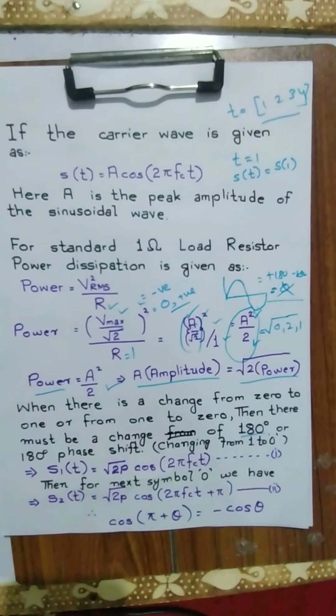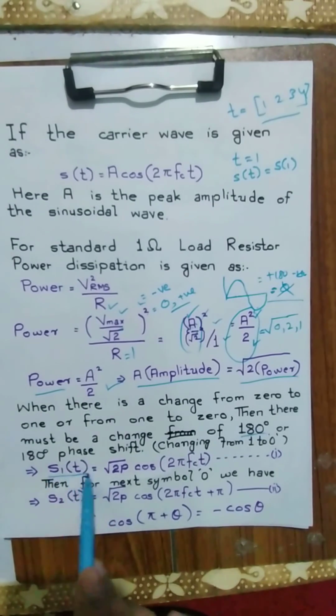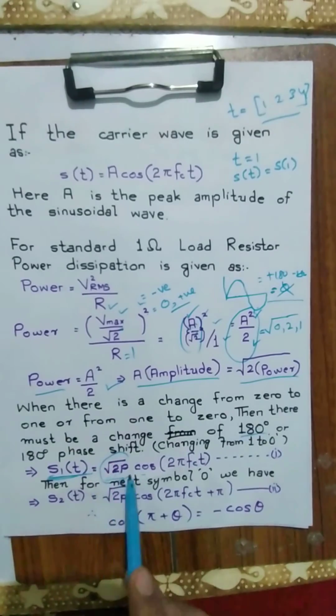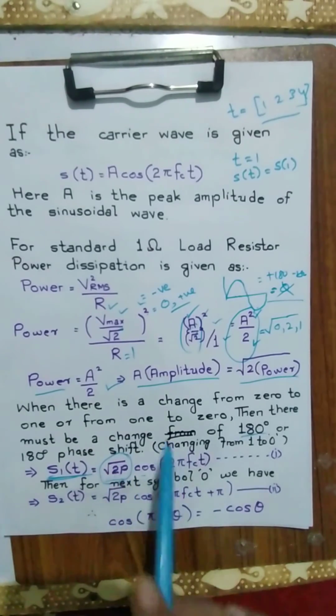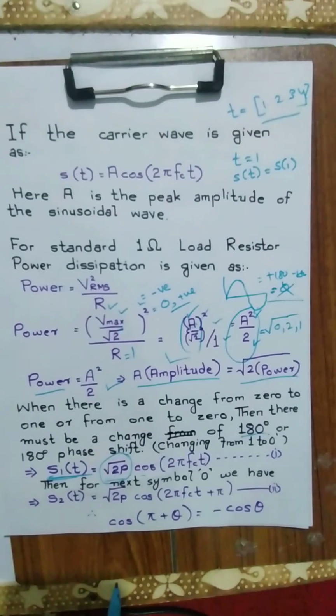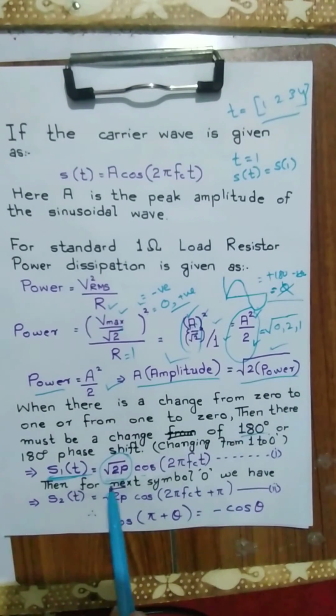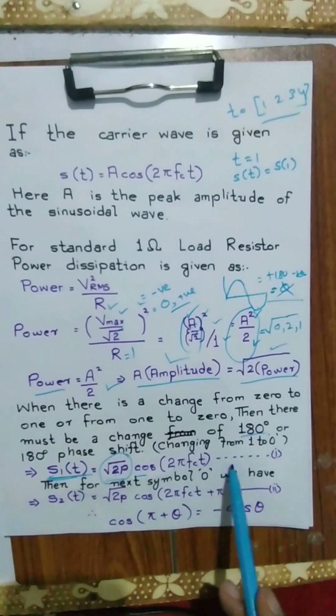So we can say that if we have one symbol, s of t is equal to under root 2P cos of 2 pi fct, because here under root 2P is equal to the amplitude A, where fc is the carrier frequency.